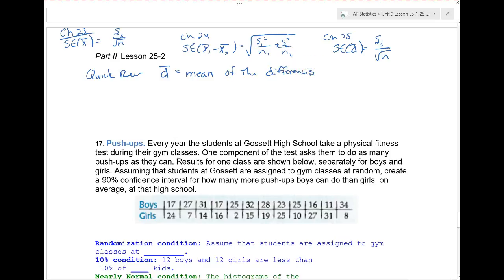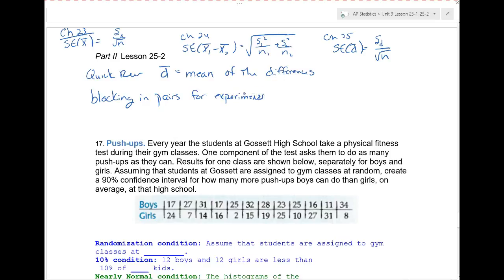All right, now, when do we use matched pair design? When we're looking for the mean of the differences, you look in two spots. We look for blocking in pairs, and we do that for experiments.